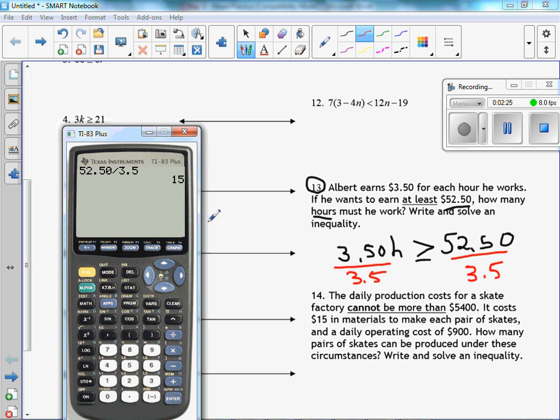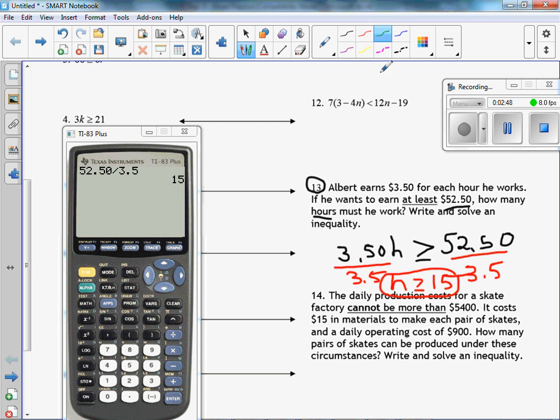So he has to make 15 hours. He has to work 15 hours. H is greater than or equal to 15. So those are the number of hours he must work in order to make at least $52.50.